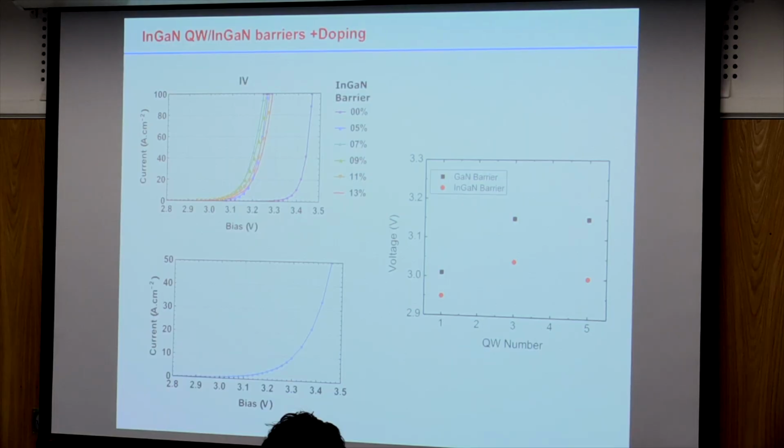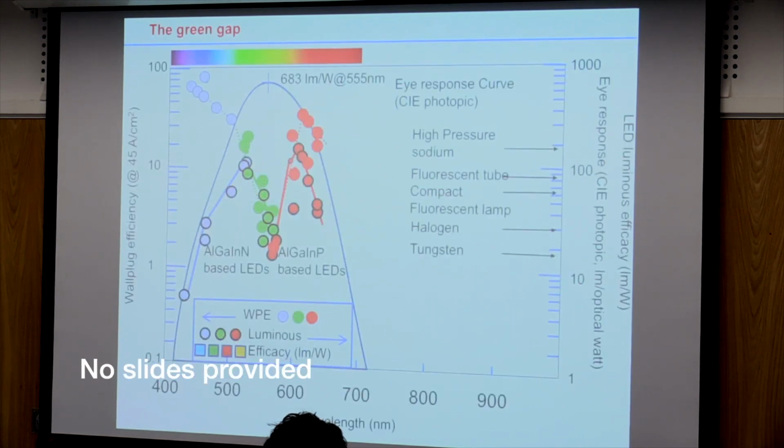So in the end, when you have 6 quantum wells, you typically lose 2 volts. And this is a major challenge. To solve this, you have to diminish the energy barriers, the electric fields. You have various ways, but just to whet your appetite.